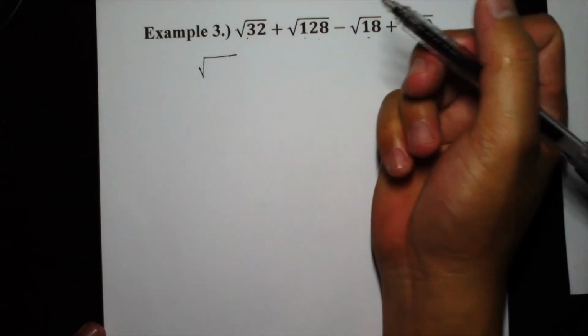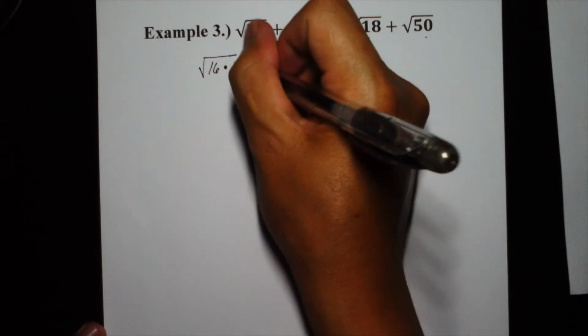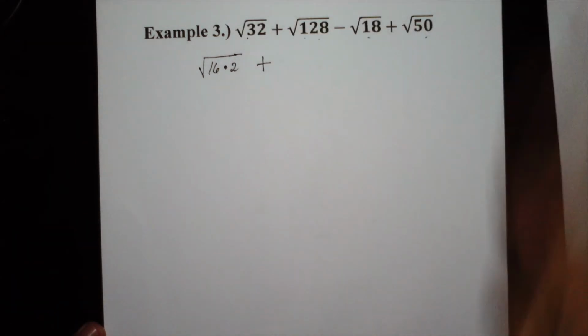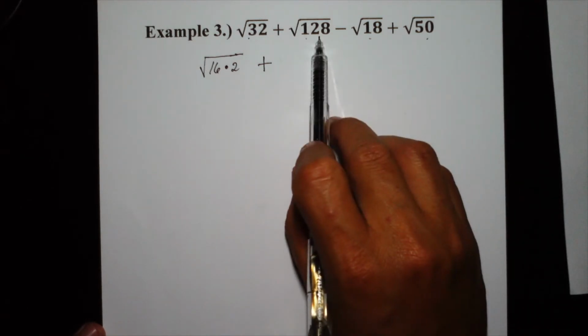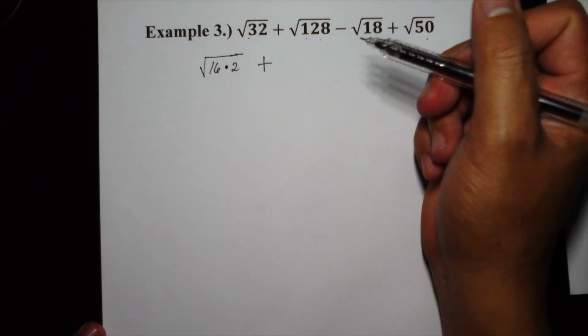So we have 16 times 2 plus 128. Then factor that 128.